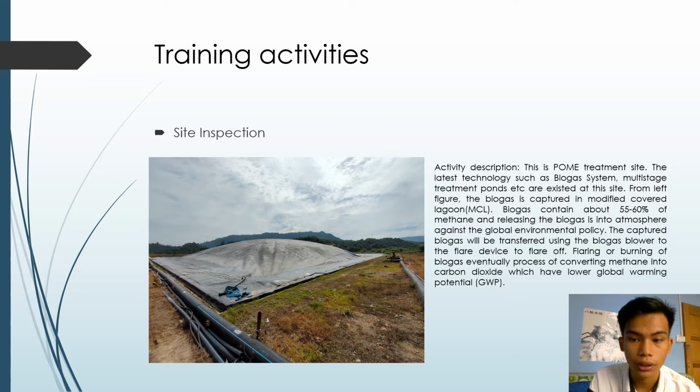The biogas contains about 55 to 60% of methane, and releasing the biogas into atmosphere is against the global environmental policies. So the captured biogas will be transferred using the biogas blower to the flare device to flare off. Flaring or burning of biogas is eventually the process of converting methane into carbon dioxide, which has a lower global warming potential (GWP).